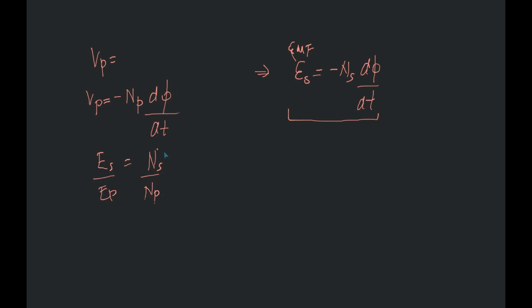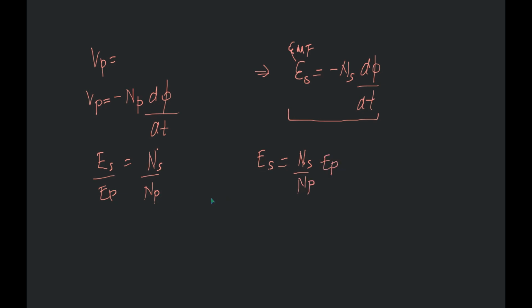So for a step-up transformer, if we have to increase the voltage across the secondary, then what we have to do is set the number of turns of the secondary coil very large in comparison to the number of turns in the primary coil. This is the formula: ns upon np into Ep.